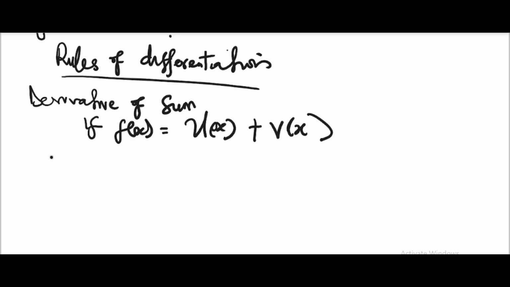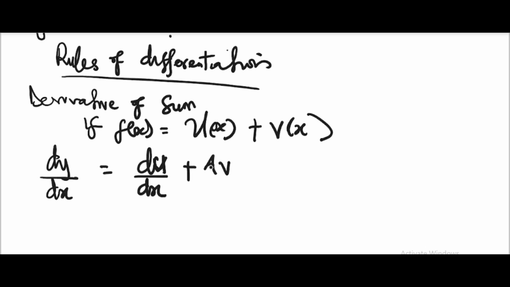Then dy dx is equal to differentiating the function u with respect to x plus differentiating the function v with respect to x. In this sum, you can actually have more than two functions. The derivative of a sum is very simple. It is basically summing all the derivatives.